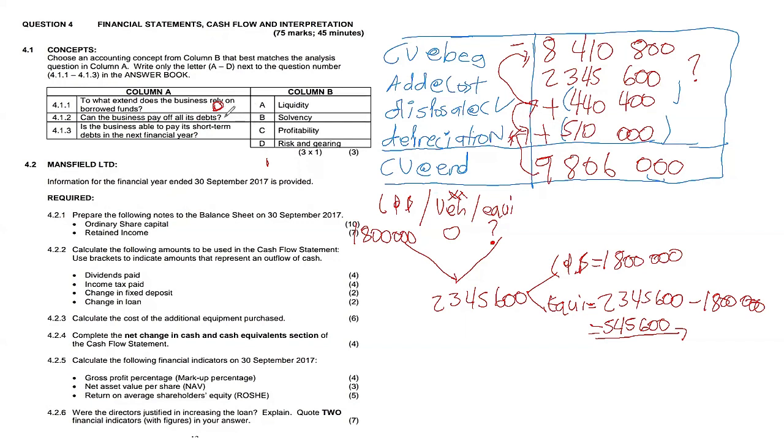That's solvency. So our answer for 4.1.2 is going to be B. And then for 4.1.3, our answer is going to be A. It's liquidity.